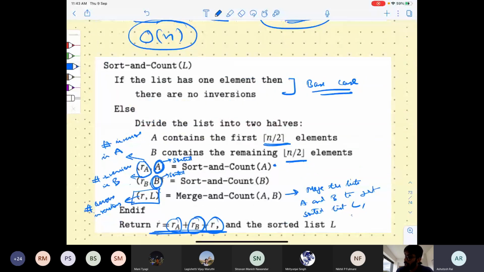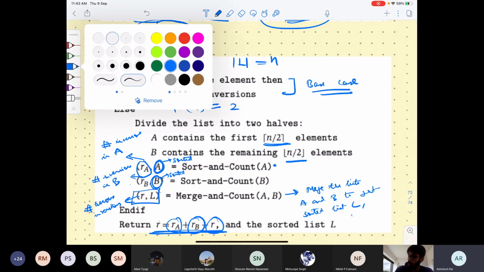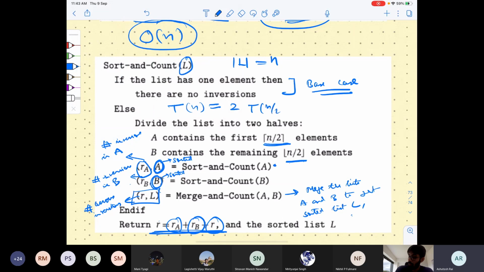Okay, what about sort and count? Sort and count takes a list L. Suppose L has size n. Now we write the recurrence for sort and count's running time. What is T(n)? T(n) is equal to 2T(n/2) plus order of n.